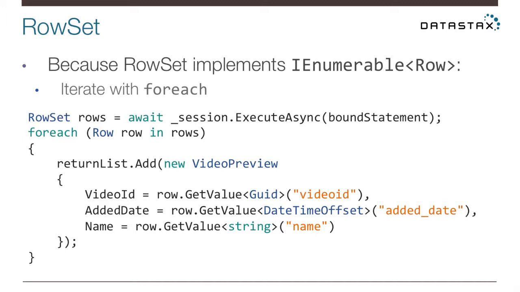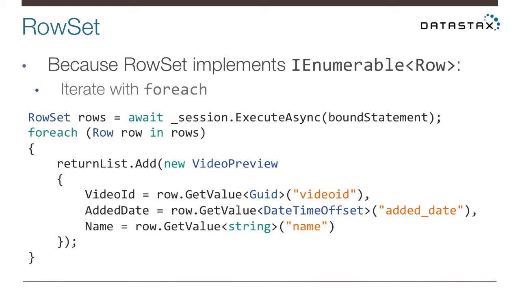We've got this video preview DTO, and we're translating one row at a time to this list of DTOs. You can see we've got different values for the GetValue<T>: GUID, DateTimeOffset, strings, different data types. Here we're also getting by column name, the other thing to notice: video ID, added date. We're getting the values by the column name in the row.